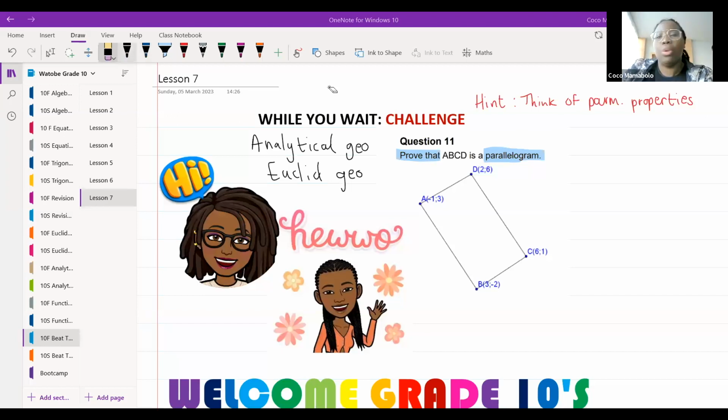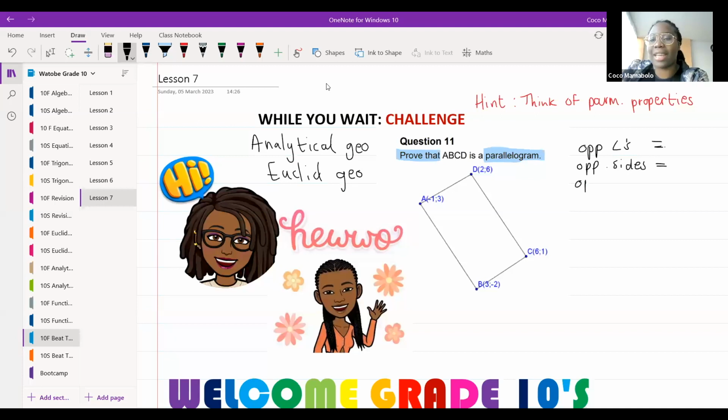Excellent, good. We know that opposite angles are equal. What else do we know about a parallelogram, guys? Good. Let's say opposite sides are equal. Anything else?